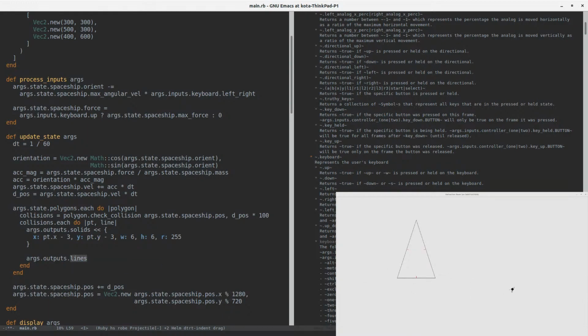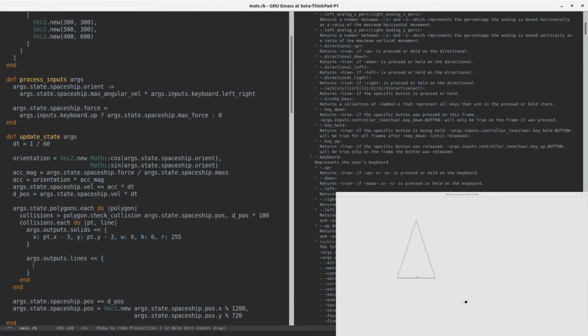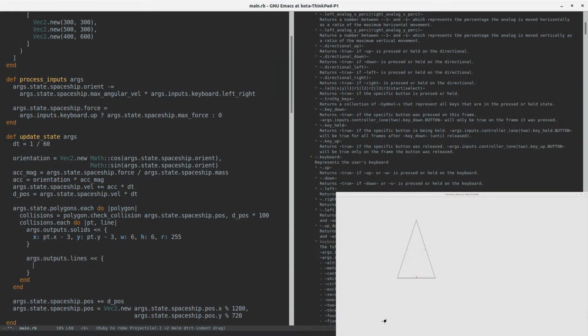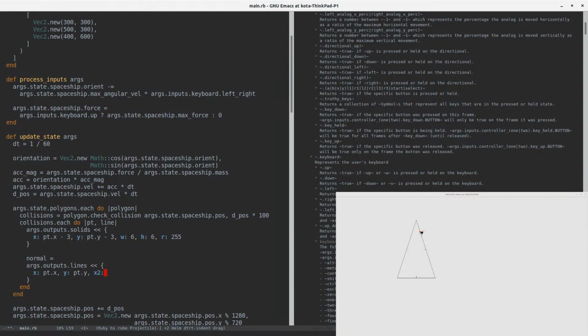Outputs.lines, and we will add in, first thing, from our collision point, x point.x, y point.y, and then our x2. So we now have our normal.